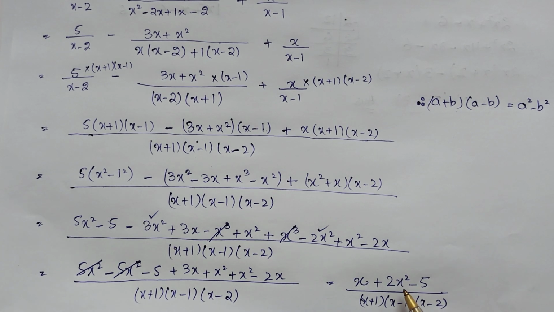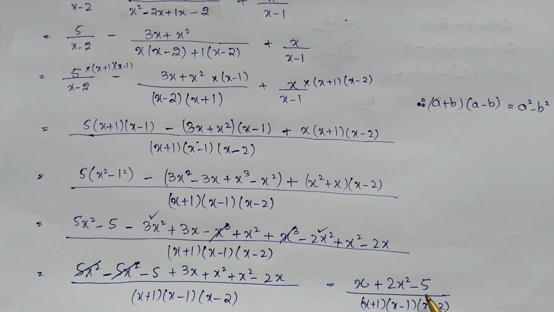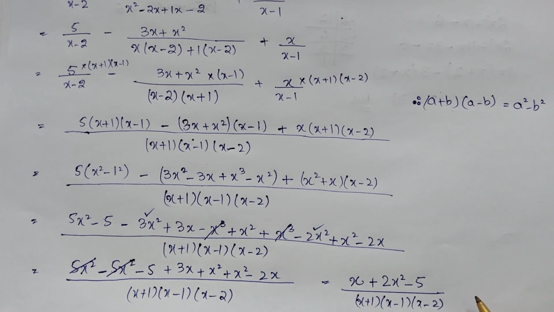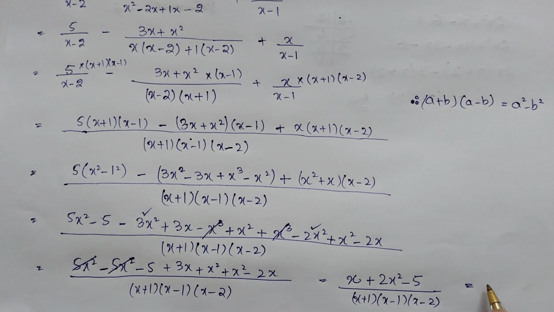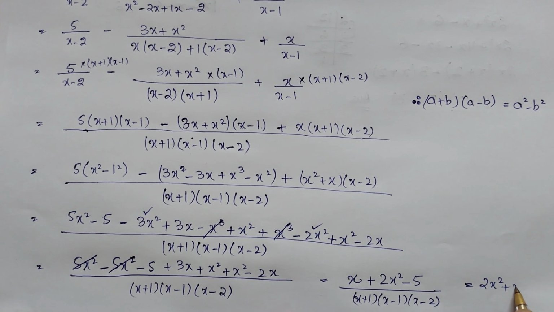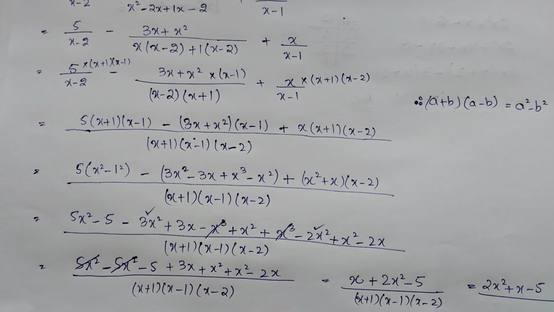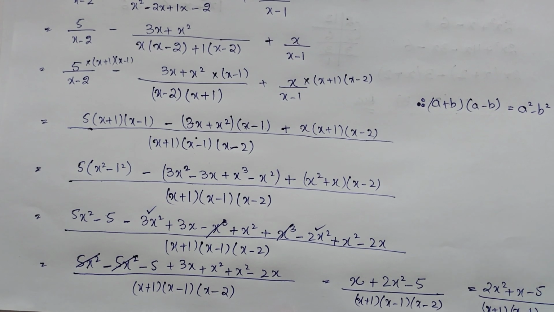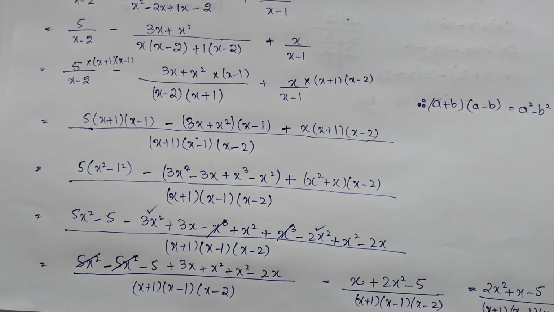This is your quadratic equation: x square, x and constant. We have to see whether its factorization is possible or not. Let's arrange it. Firstly, it becomes 2x square plus x minus 5 over x plus 1, x minus 1 and x minus 2.